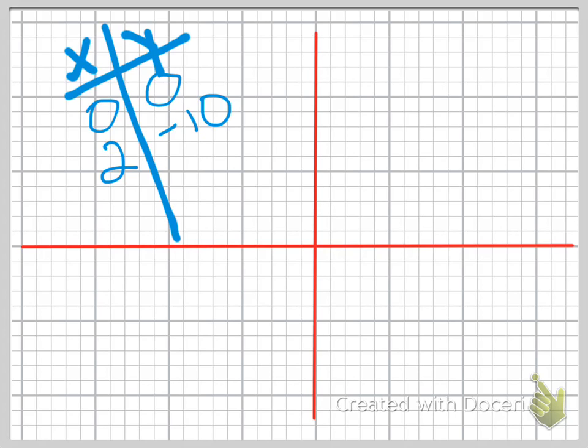I should always look back at my prediction before I graph and remind myself that this one, negative 5 halves x squared, must be going down. And so before I graph, look at that and remember I'm going down. So now I'm going to do it the way I should have. I'm going to graph it knowing that I should be going down, going to 2, negative 10.